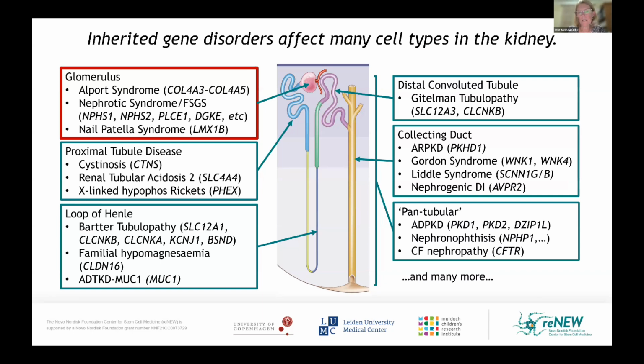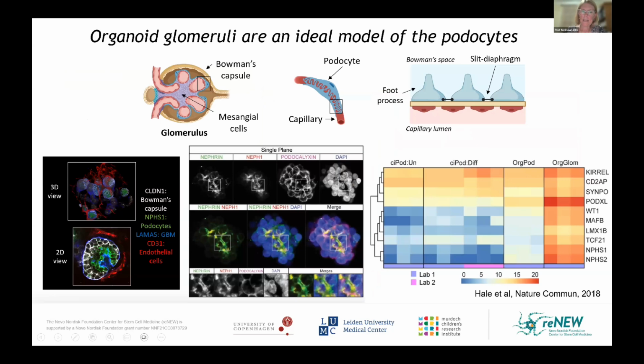And what we've got is a very small model of a very young human kidney. And the diseases that you get depend upon the genes that are mutated and where those genes normally play a role. So I'm going to start with the glomerulus. There are many, many genes that can be mutated that are genes normally only made in the glomerulus, and they give you glomerular disease. And we're particularly good at making very beautiful glomeruli in our organoids.